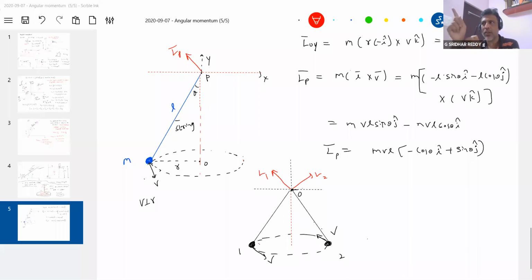Don't rotate about this one, or I think I can show better from here. So this L bar vector will be rotating here. The tip of that will be rotating here.